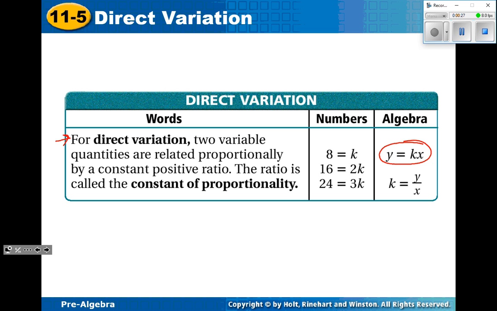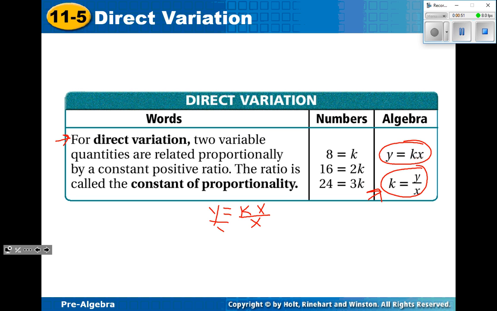This form right here, y equals kx, is the form for direct variation. Another form that is helpful is k equals y over x. If you know y equals kx, you can derive this from it by trying to get k by itself.